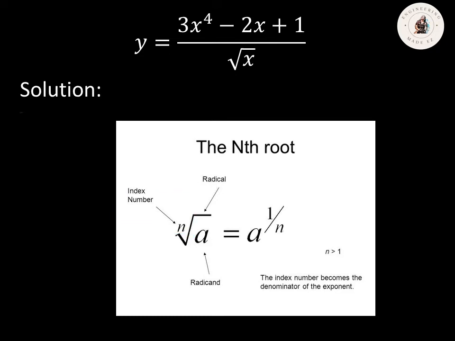So the nth root of a becomes a raised to the power of 1 over n. The 1 is there because the exponent of a is 1, and the index becomes the denominator.